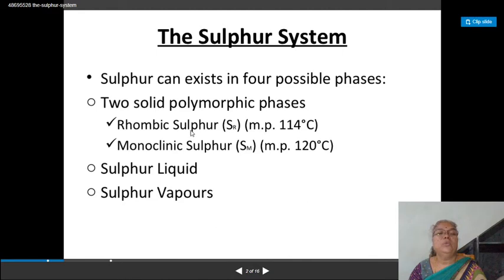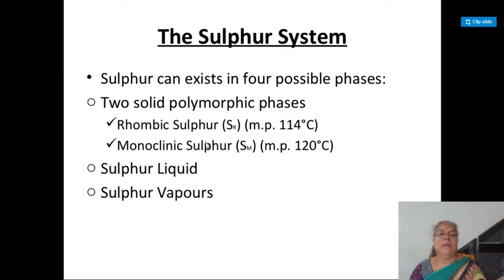And these are the two allotropic forms of sulfur, rhombic sulfur and monoclinic sulfur, and they are enantiotropes. Enantiotropes means one form will get converted into another form, and the temperature at which the transition of rhombic sulfur takes place into monoclinic sulfur is called the transition temperature. Remember that this is included under the polymorphism.